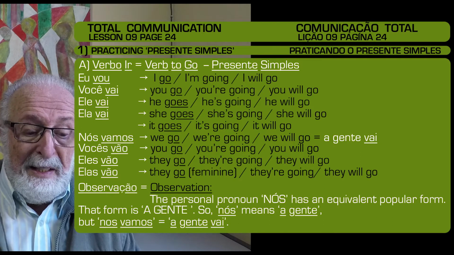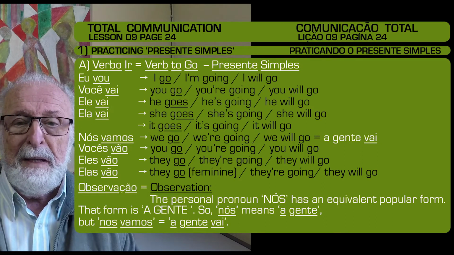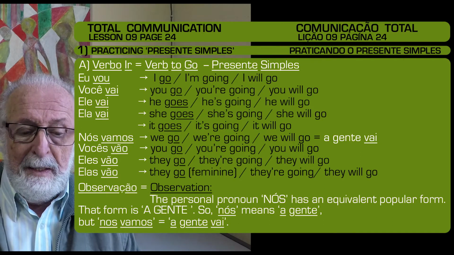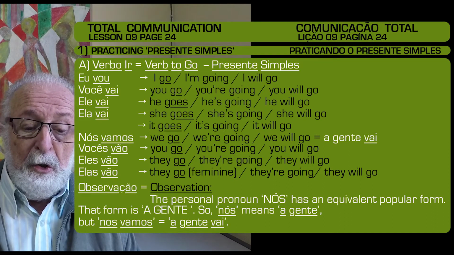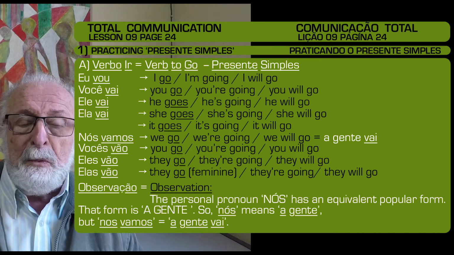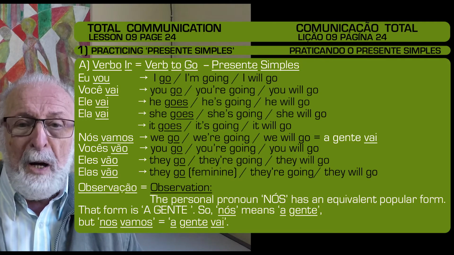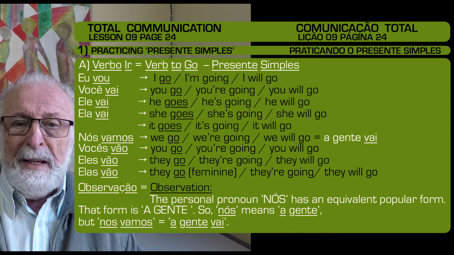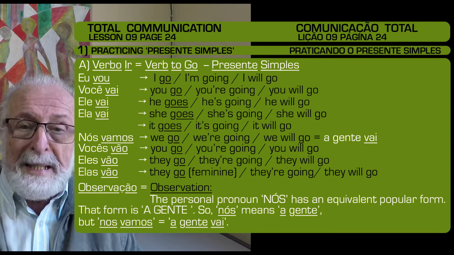That form is a gente. A gente. So, nós means a gente. You can change one for the other. It's very popular among people. A gente instead of we.